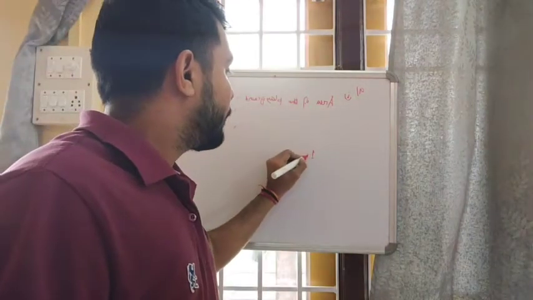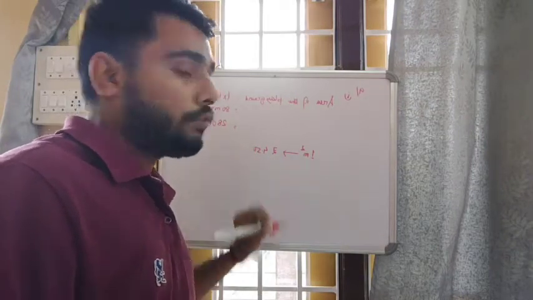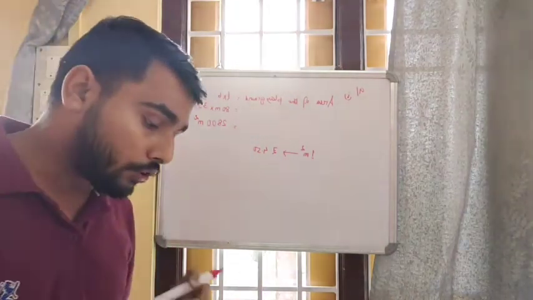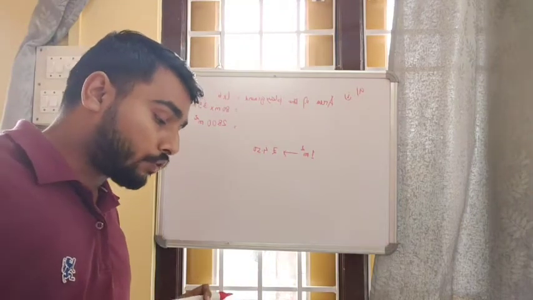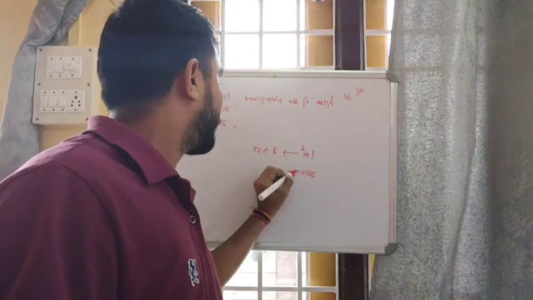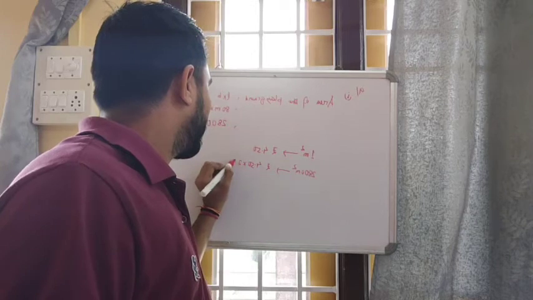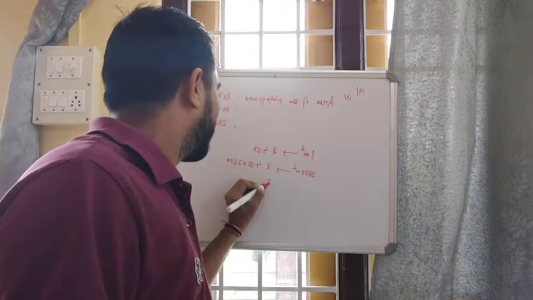Now for leveling, 1 meter square cost will be 4.50, isn't it? It is given. So how much are you going to level? 2800 meter square. So 4.50 into 2800.